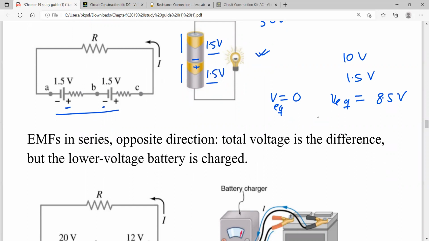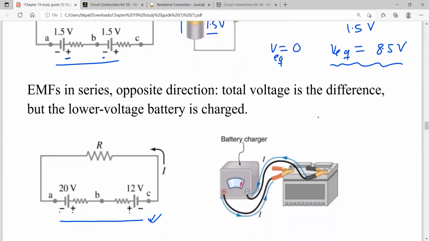But again, it is not helping, and you are basically losing energy. So normally we don't use this combination, but these combinations are used to charge a battery.